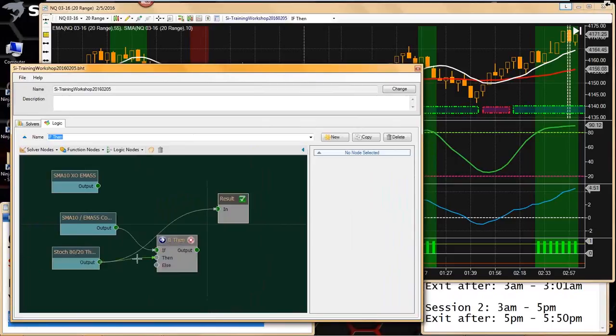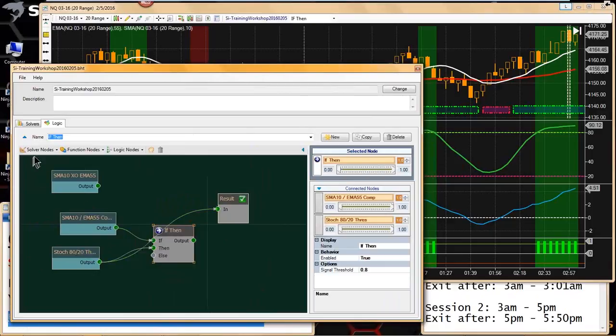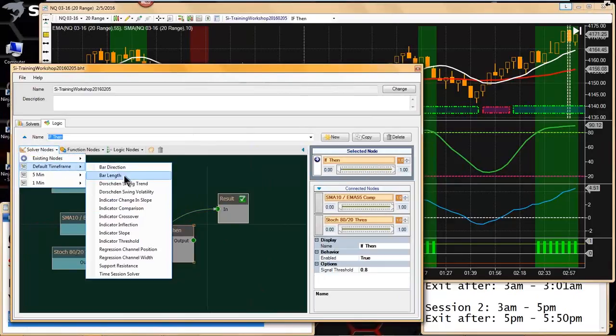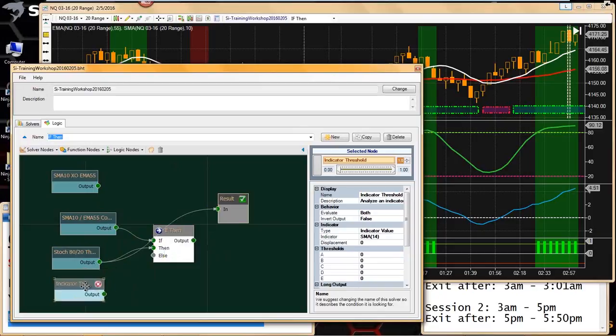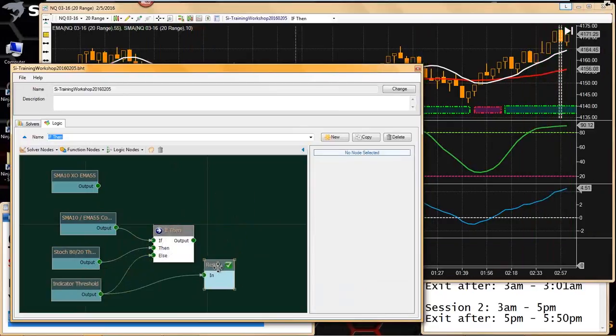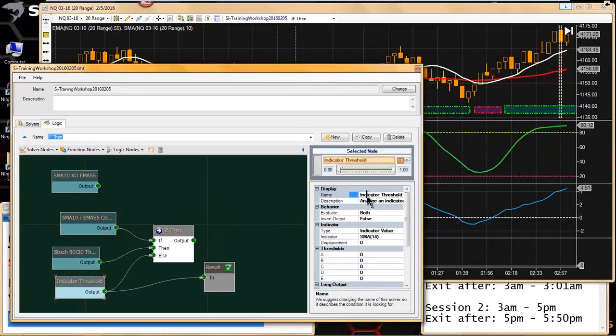That's one solver, and I'll connect that into the then. And I'm going to make one more threshold solver and connect it into the else here. This will just be some more example signals. I'll just check to see if the MACD is above or below 0. Real simple and basic.